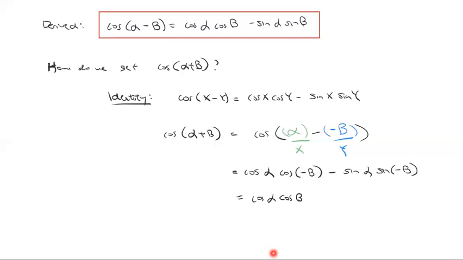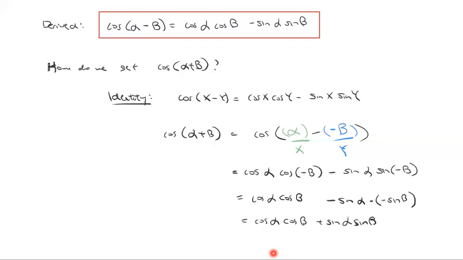And what would sine negative beta become? It's just minus sine beta. So of course, that then just becomes this. And you can see that because we already did the work before, this is now much faster, right?